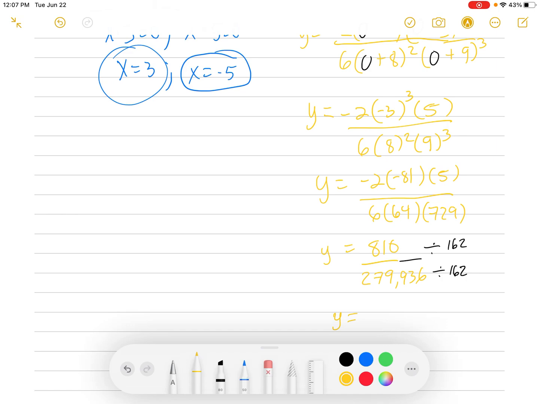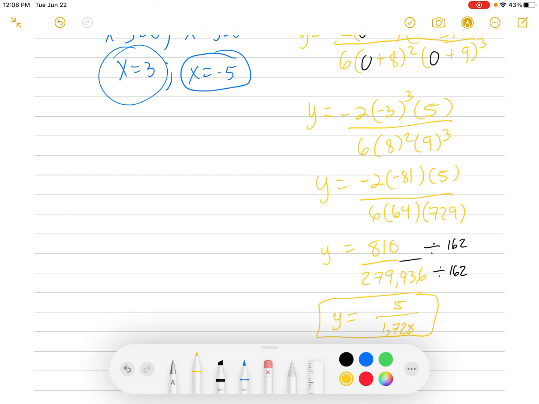So if I divide 162 out of the top, 810 on top divided by 162 is going to give me simply 5. And on bottom, if I take 279,936 and divide by 162, I get 1728. Yeah, so there's my y-intercept reduced. You don't have to reduce if you don't want to, but that's what it would be. 5 over 1,728. All right, so there we have it.